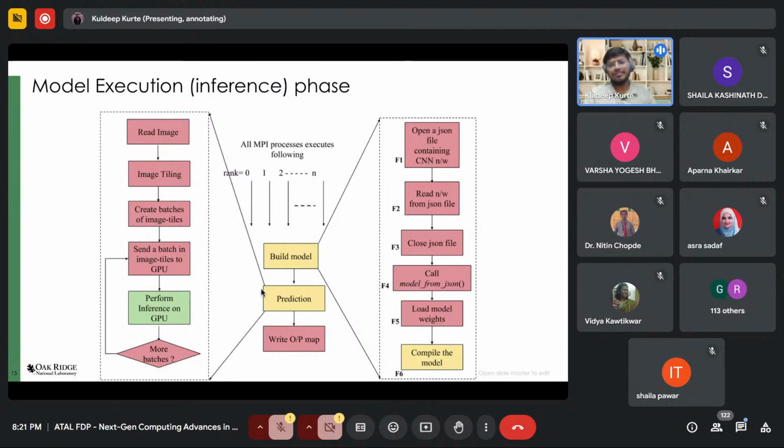Say you have 10 satellite images covering some area of the country, and you have a model which was trained and is ready for inference.